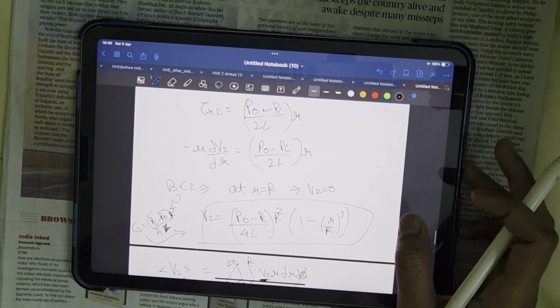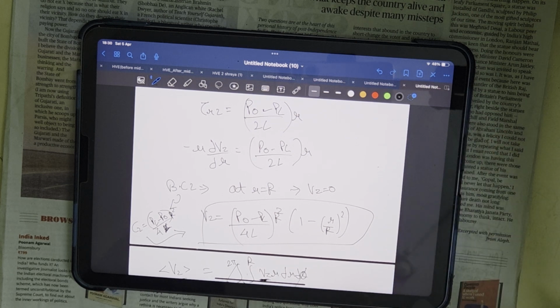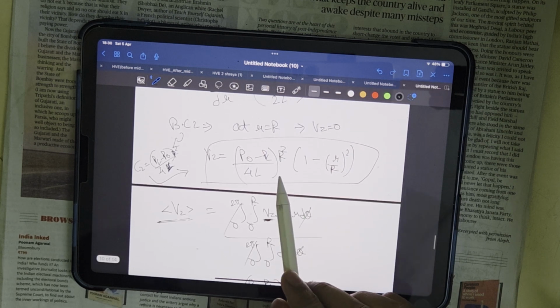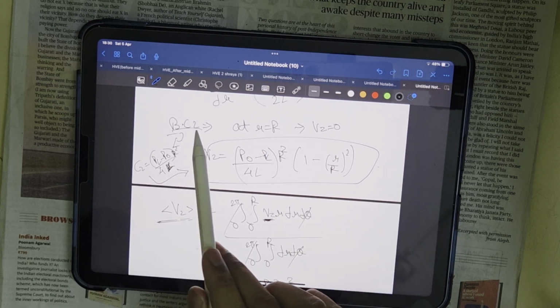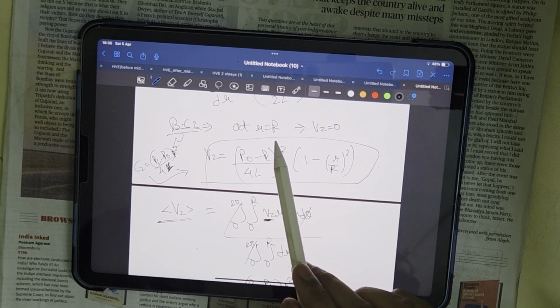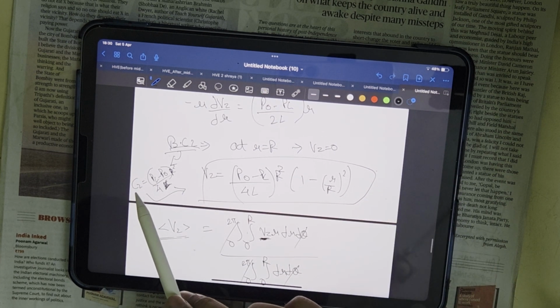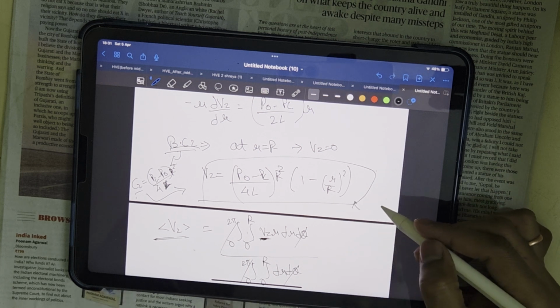After applying Newton's law of viscosity, we calculated the velocity profile equation. After substituting boundary condition number 2, that is at r equal to R, Vz becomes 0, we calculated the value of constant C2 and substituted it in the velocity profile equation, and this is the final velocity profile equation.